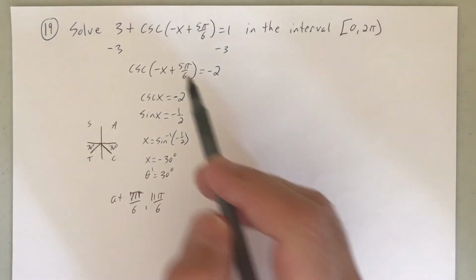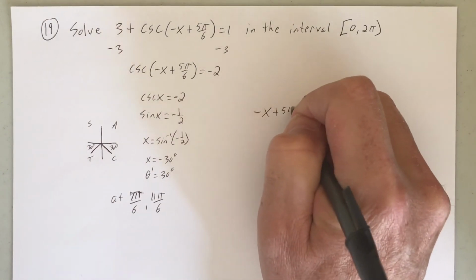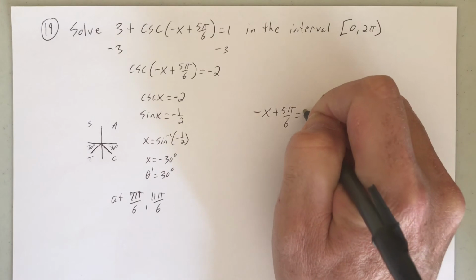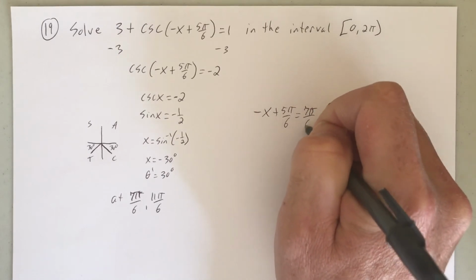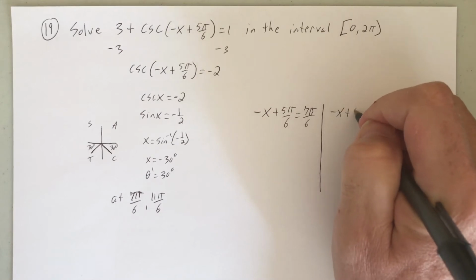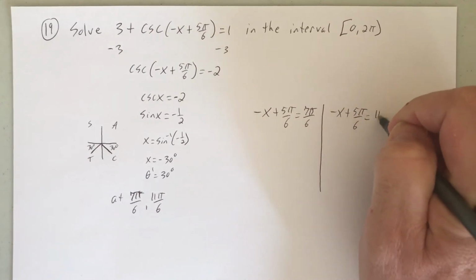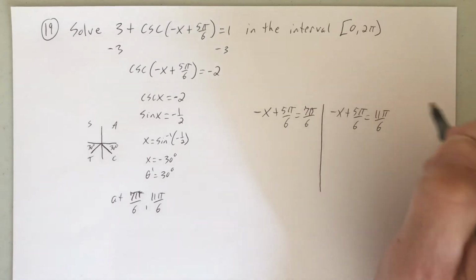We correct for it. We're going to take this, and we're going to say that negative x plus 5 pi over 6, we're going to set that equal to 7 pi over 6. And then we're going to take the negative x plus 5 pi over 6 and set that equal to the other answer, which is 11 pi over 6.